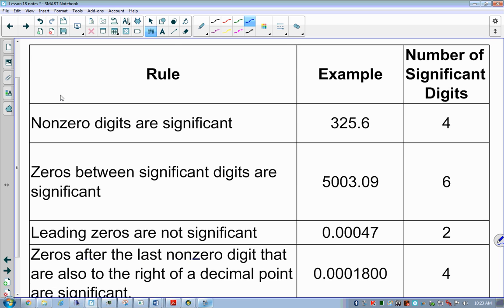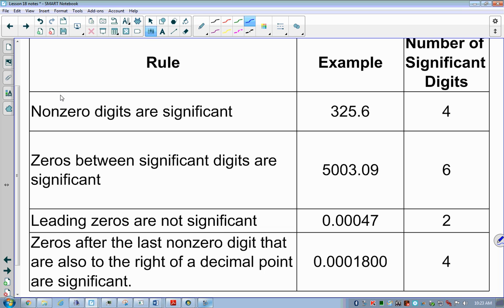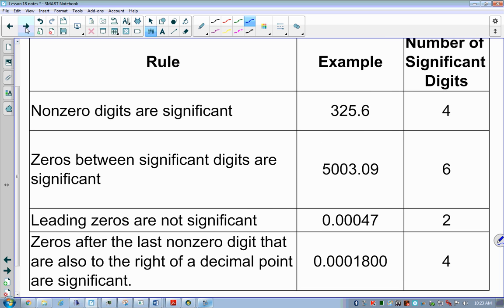But zeros that show up after my non-zero numbers are significant. So the ones that show up at 0.000, those are not significant, but the zeros that show up after the 18 are. So that has 4 significant digits. So those are the 4 rules that you want to know when identifying significant digits because of what comes next.